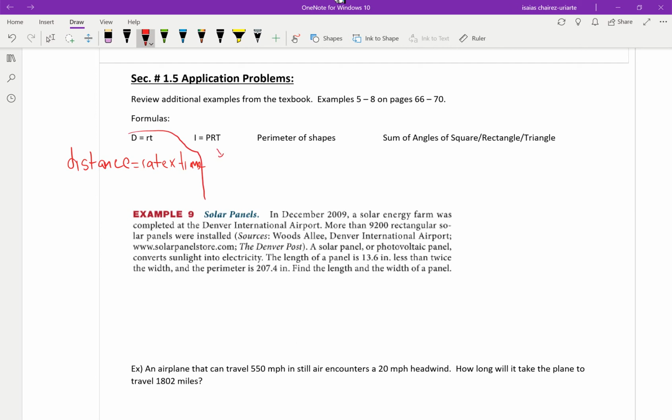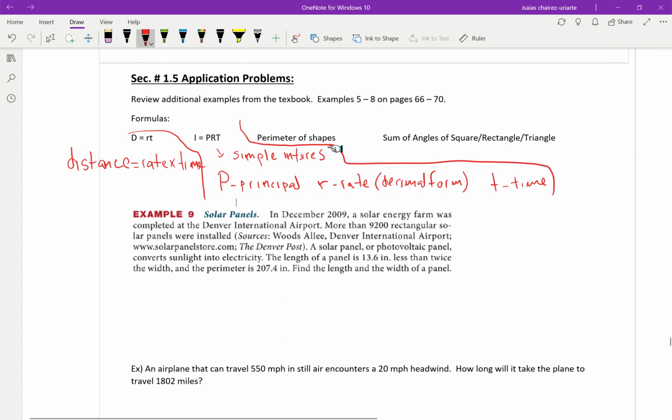This one right here is simple interest. And so P stands for principal. R is going to be the rate, and it's usually in decimal form. And T is time, usually in years. So keep this one in mind. We're going to need this one as well.